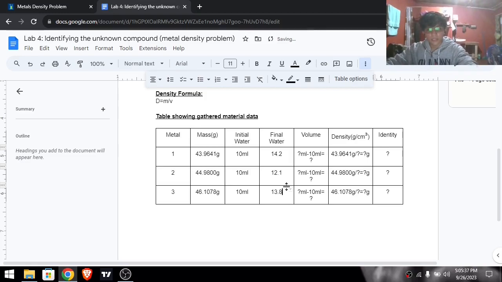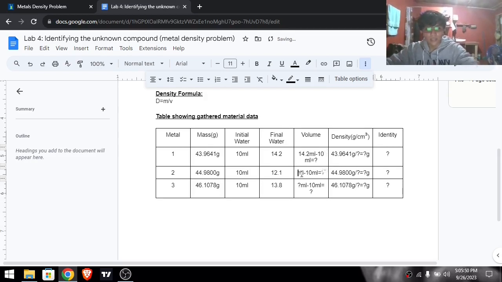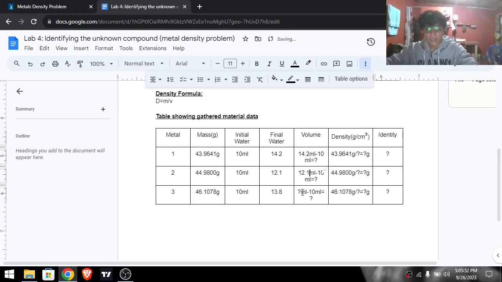Alright. Now what we have to do is find the volume. To do that, we subtract the initial water from the final water. So we put in 14.2, 12.1 and 13.8. And after that, with our handy dandy calculator, we simply do 14.2 minus 10.